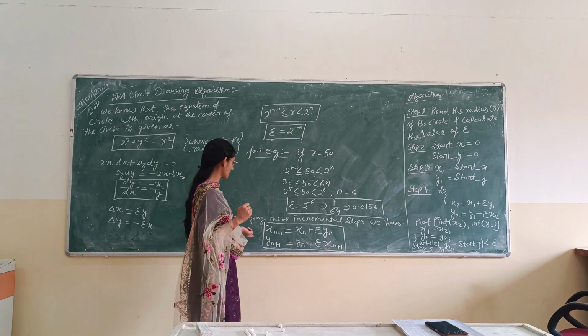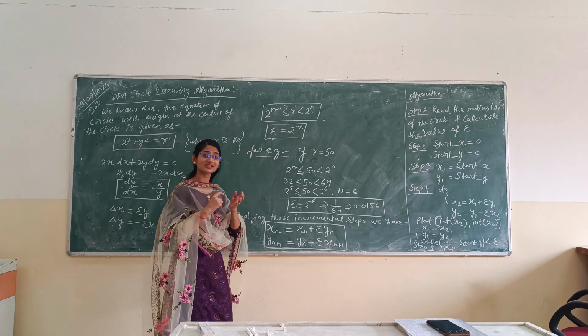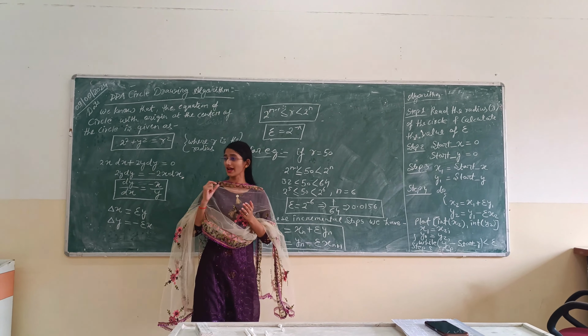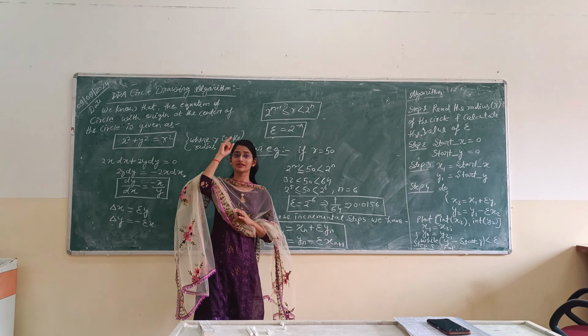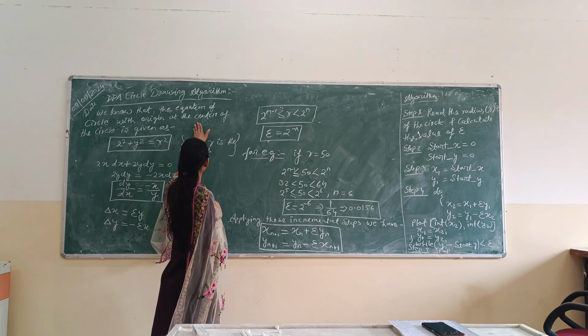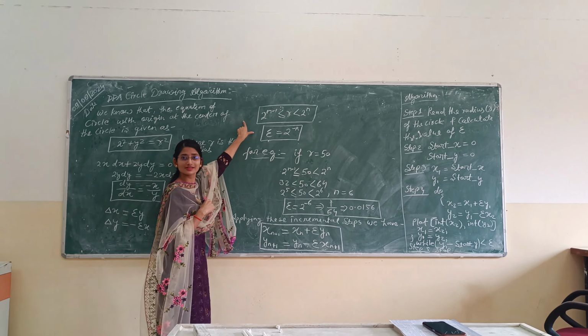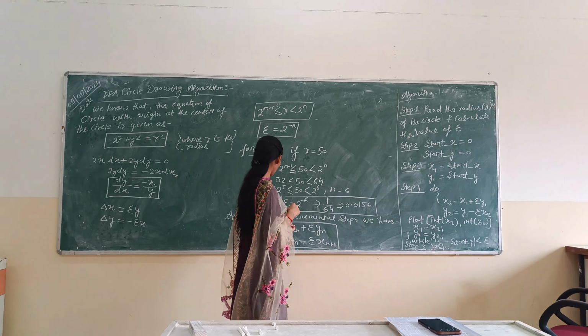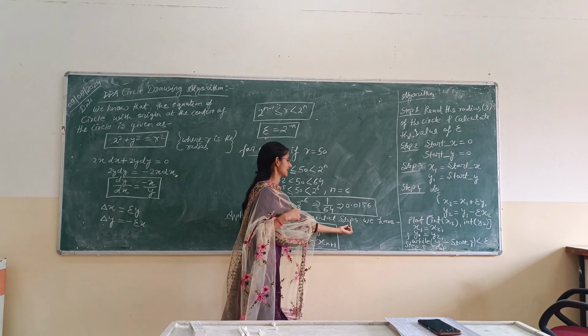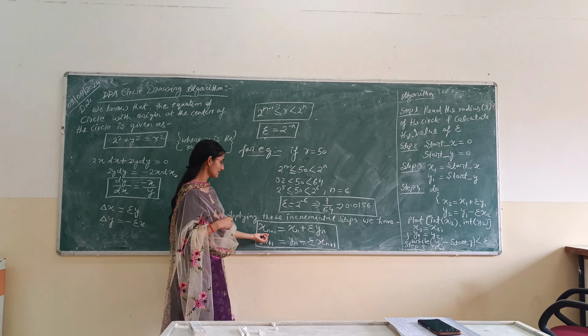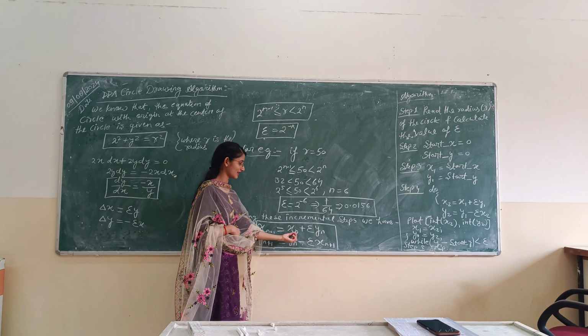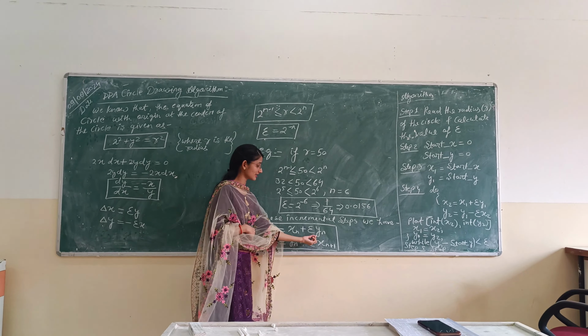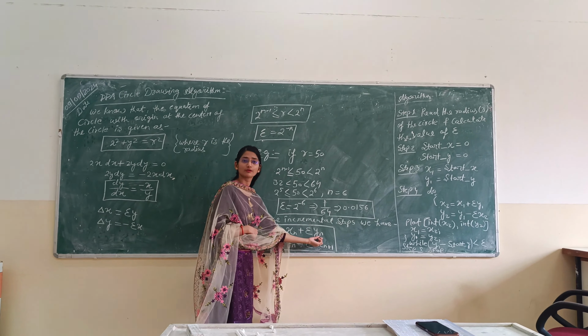We need to consider our previous step, means x n comma y n, at the origin of the circle, where you want to start, 0, 0. So applying the concept of incremental steps, we have x n plus 1 will be x n plus epsilon, the incremental value of the y-axis.